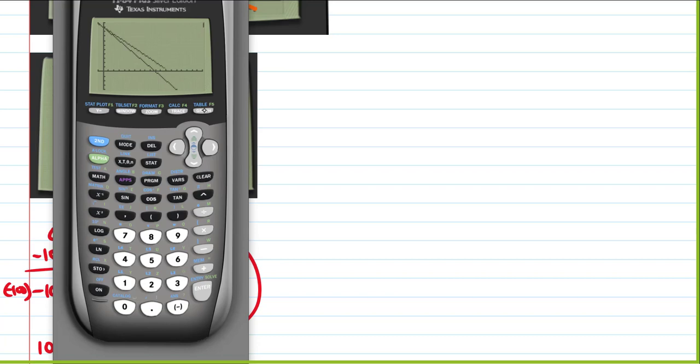It's not going to change the numbers, just the picture. So now I want to find the 0 of my second function. So I go second, calculate 0, but this time I don't want to do y1. So I press my down arrow, and notice that my calculator now says y2, and it shows its equation in the upper left-hand corner.